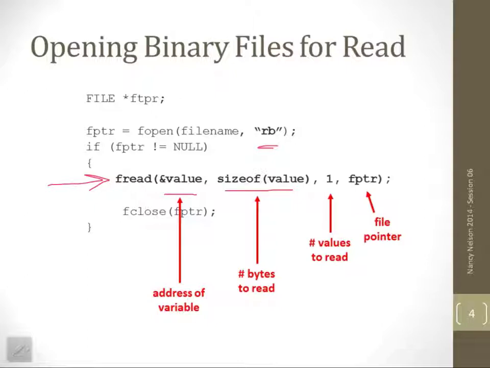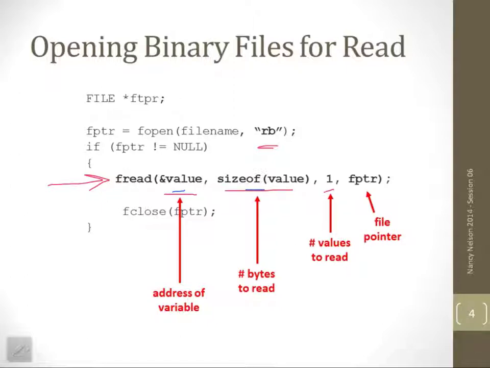Next comes a definition of how big that variable is. So if it's an integer, it's going to be 4 bytes or 2 bytes depending on the platform. If it's a structure, it might be upwards of 60 or 70 bytes, maybe even larger than that. So we have the address of the variable, and its size.